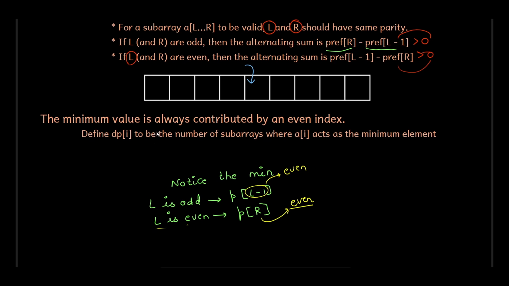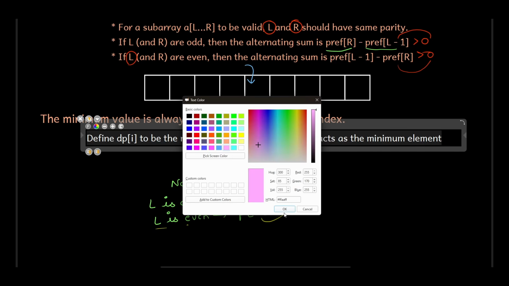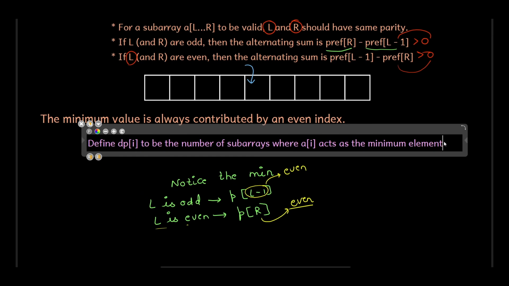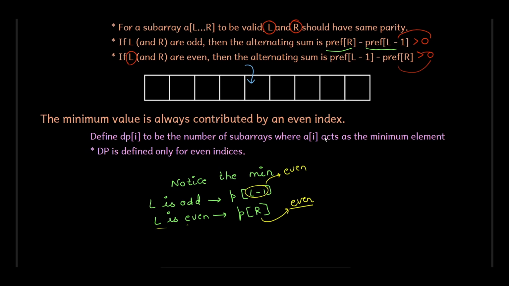So this time we are not saying that the DP of I means your array has to end over here. This time we are only defining a DP for the even indices. Let me write that down explicitly. DP is defined only for even indices. There is no concept of DP for odd indices because an odd index can never contribute a minima.